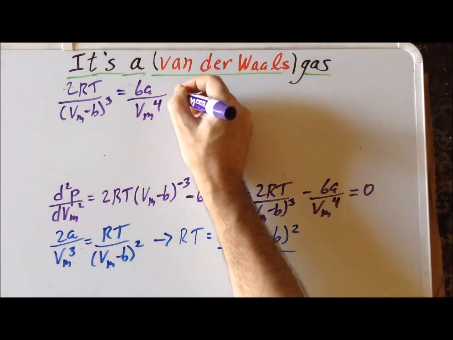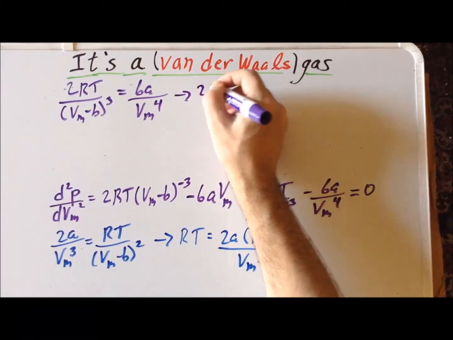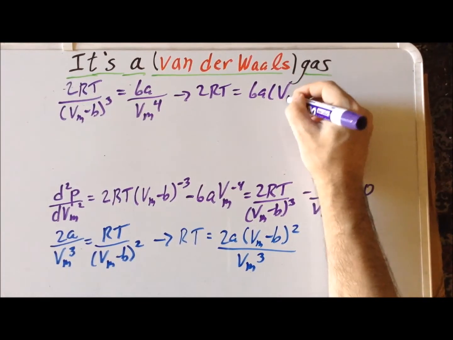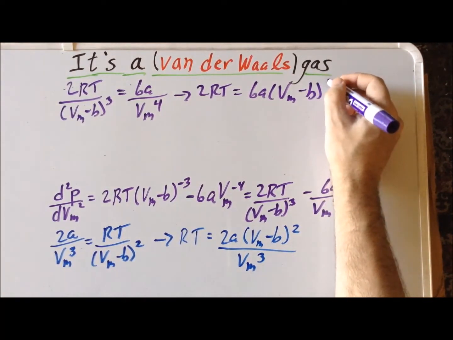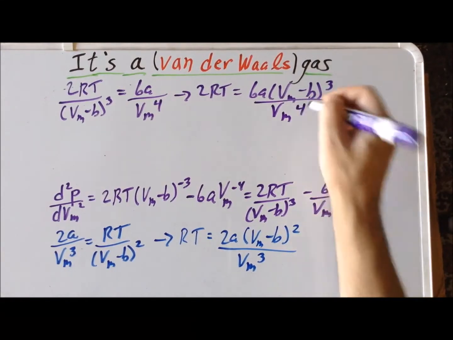And now, if we multiply each side by this expression, we get that 2RT equals 6a times the quantity V sub m minus b cubed divided by V sub m to the fourth power.